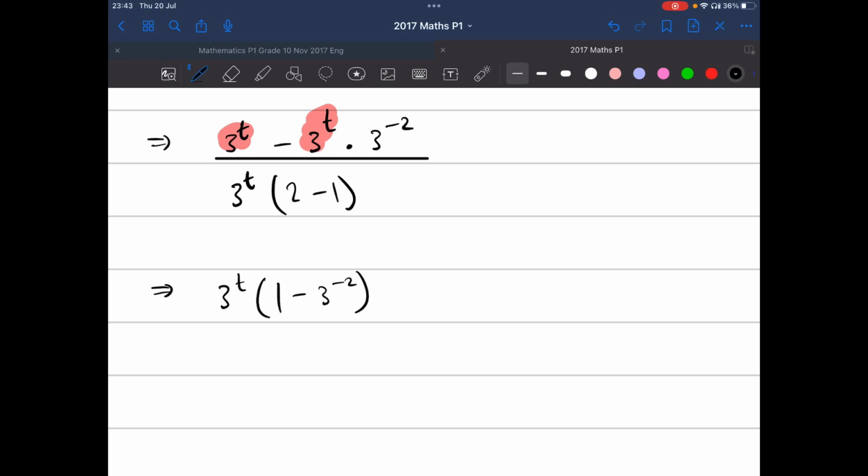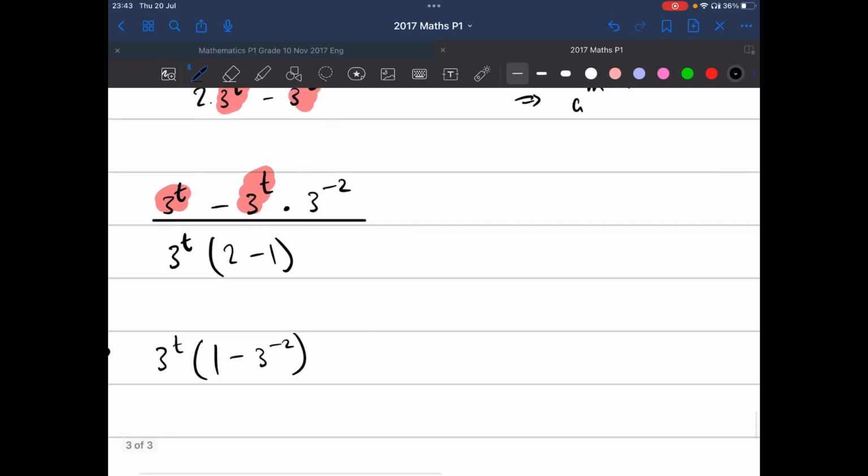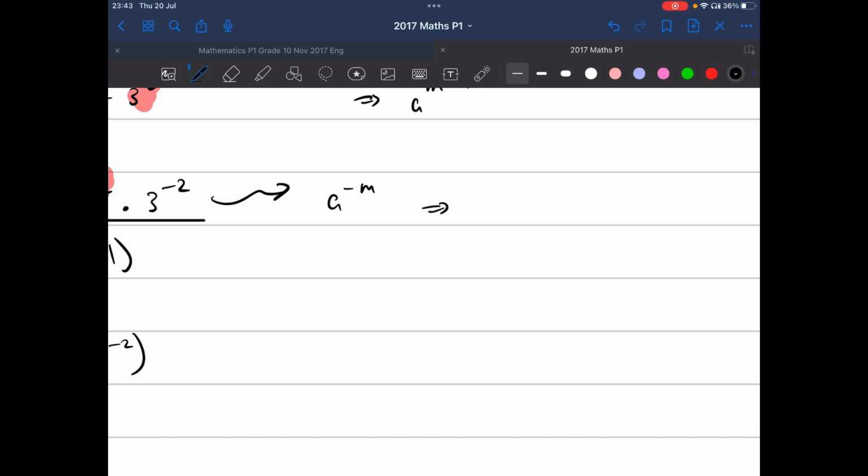Okay. Now how do we express 3 to the power of minus 2? Well, let's think about our other exponent laws. Let's say I have a to the power of minus m. That's the same as me saying 1 over a to the m.